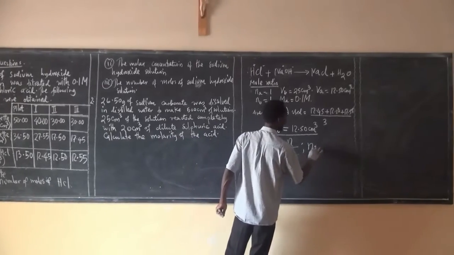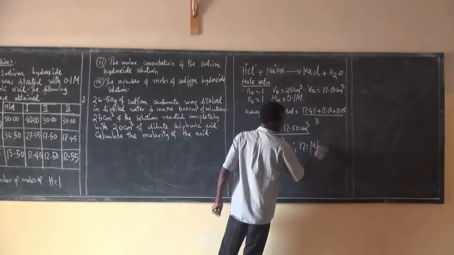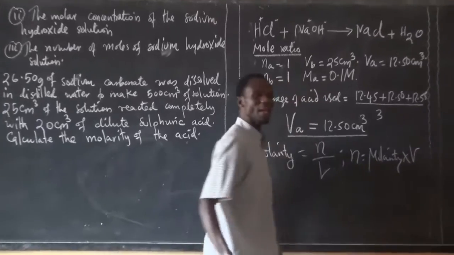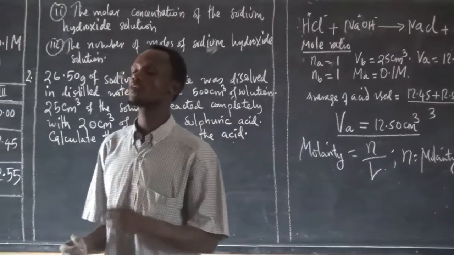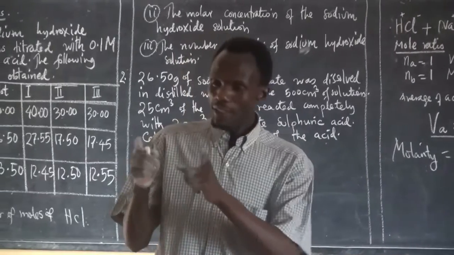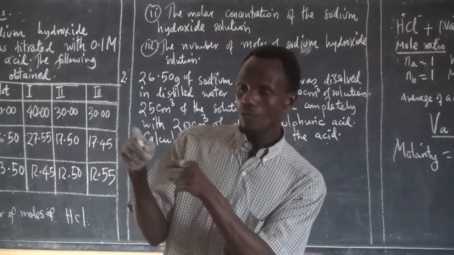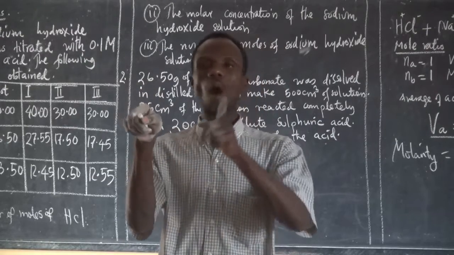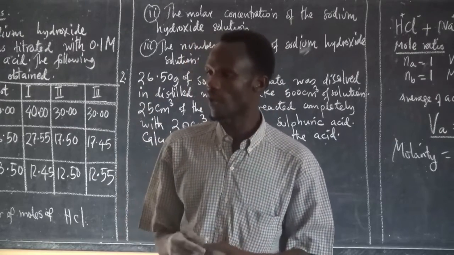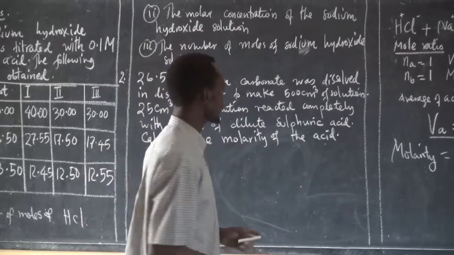Now, number of mole is equal to molarity times the volume. But make sure that the volume you are talking about here is written in terms of decimeter cubic. If it is in centimeter cubic, you convert it into decimeter cubic, by knowing that 1 decimeter cubic is equal to 1,000 centimeter cubic.